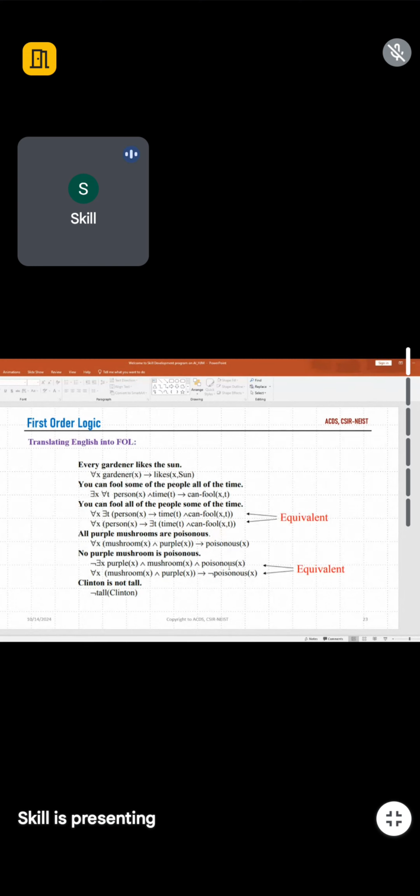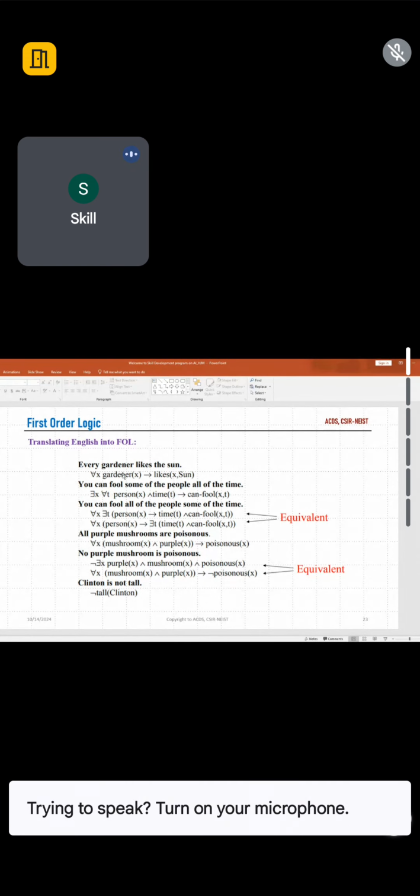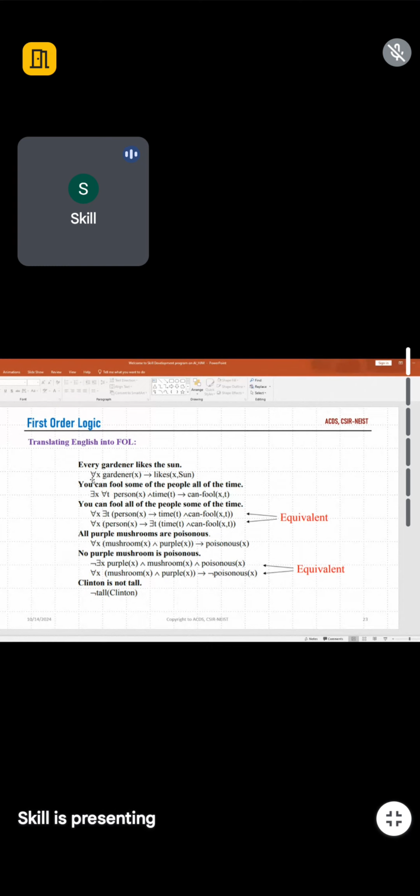Again, we will see how we can translate English sentences into first order logic or FOL. Every gardener likes the sun. So we are using this symbol, for all x, gardener(x) implies likes(x, sun).